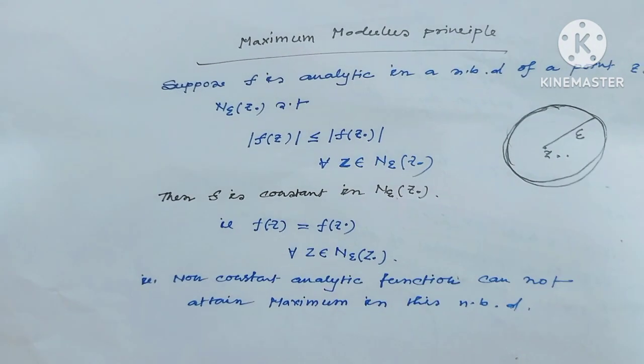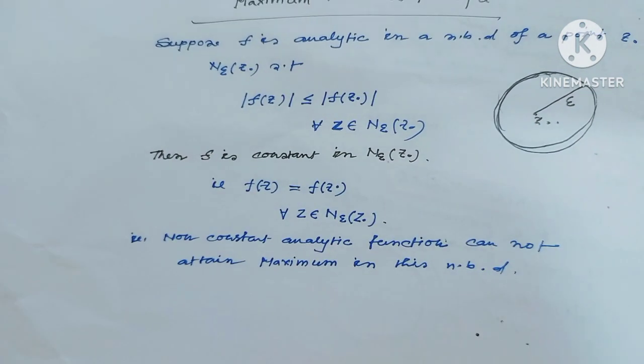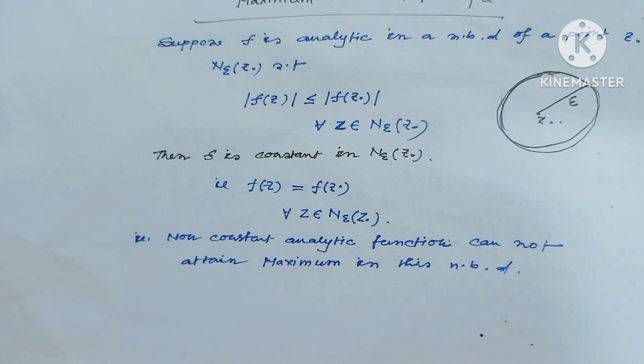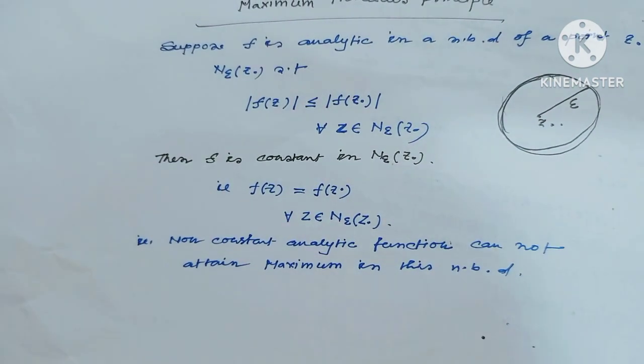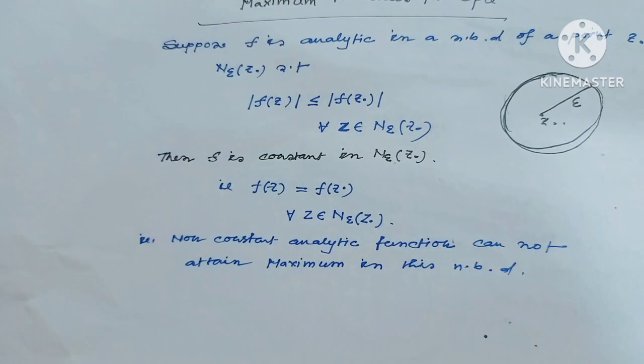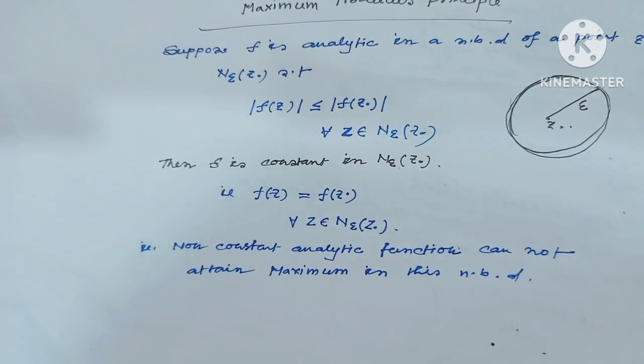At first I will give the proof of this theorem. If there exists any maximum value at an interior point, then obviously the function is a constant function. And the proof is very easy.